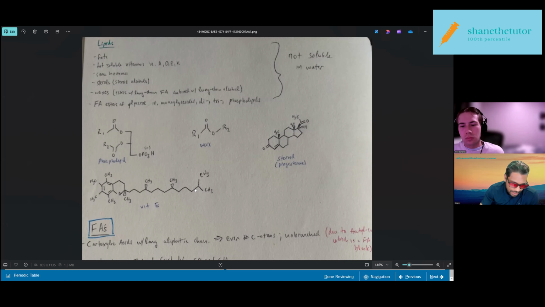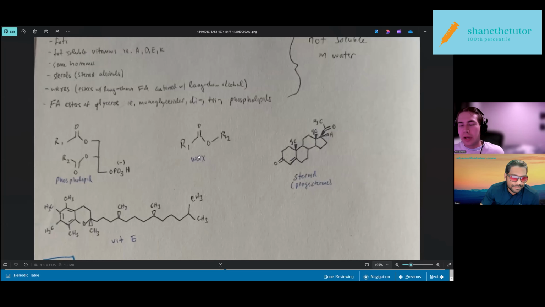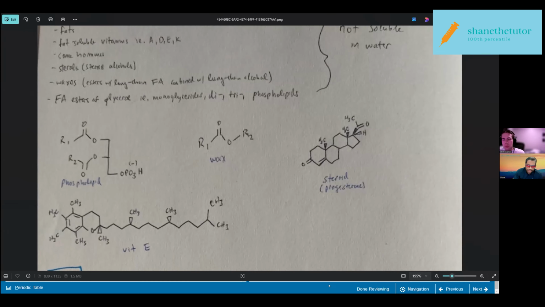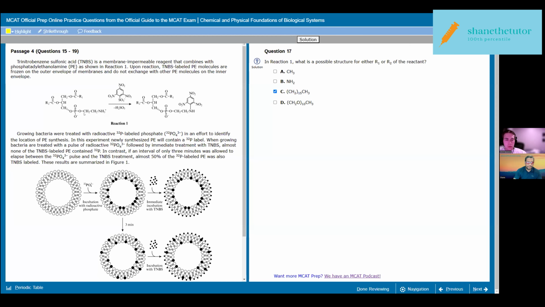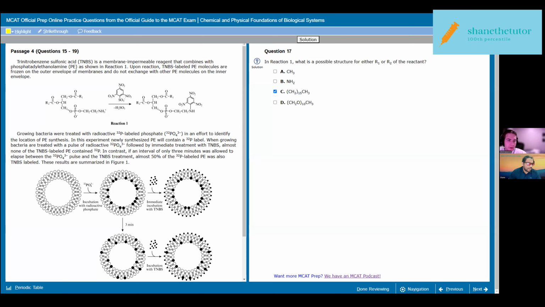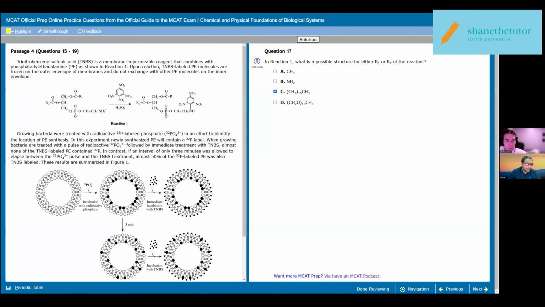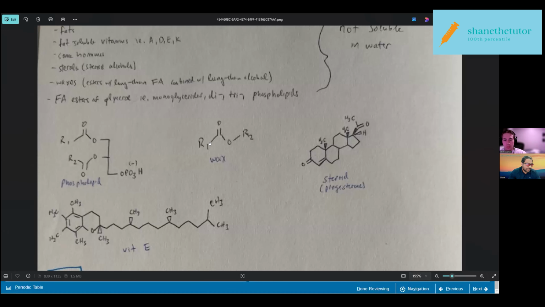How's that a wax though? Like, how's this a wax? Oh, is it not? I'm just wondering. Oh, because this looks similar to the fatty acid, you know? Yeah, but it has two oxygens, right?